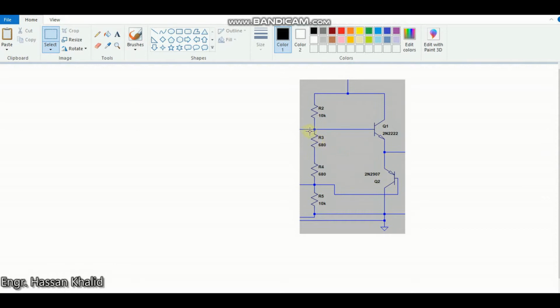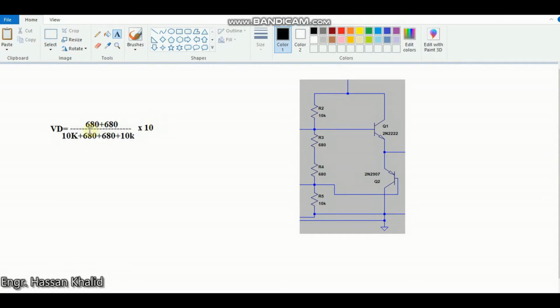So we need to check what is the voltage in this path, and what is the voltage in this path. To calculate this, we previously did the calculation; we need to find out the voltage at this loop. We can easily do it by using the voltage divider rule.